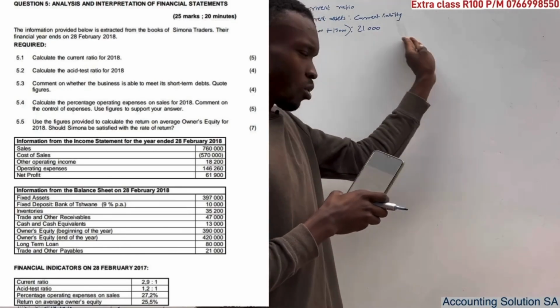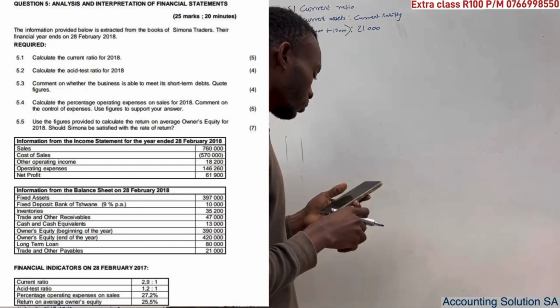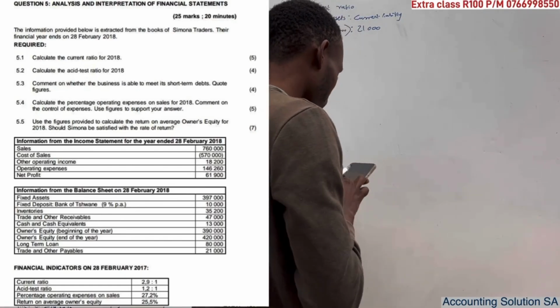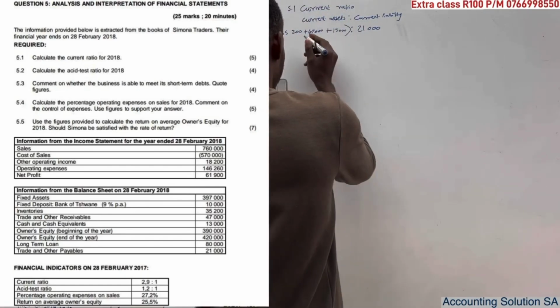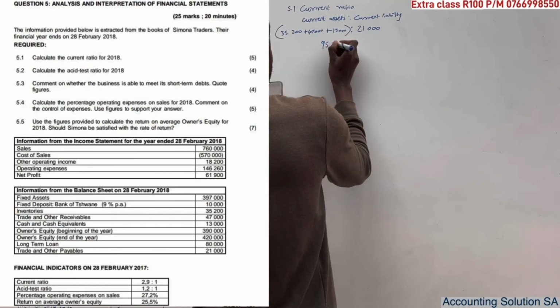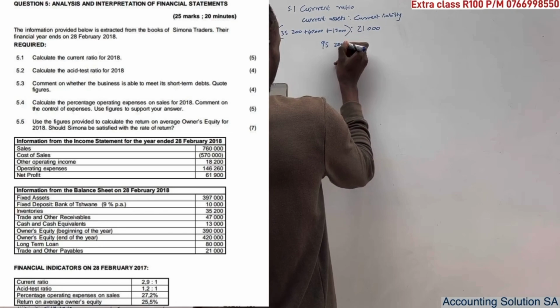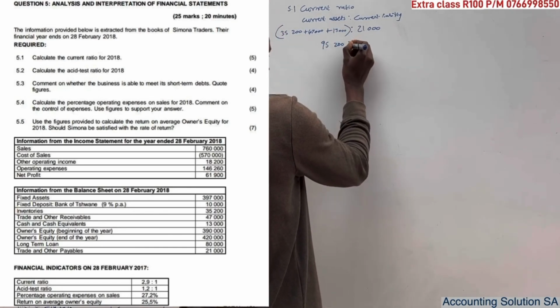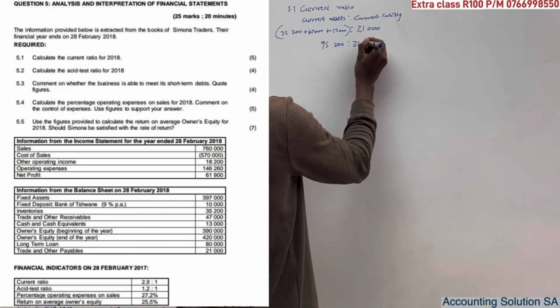So you have to add all of them if they are given. Now let's calculate this side. The total is going to give us 95,200. If we add all this, it is 221,000.